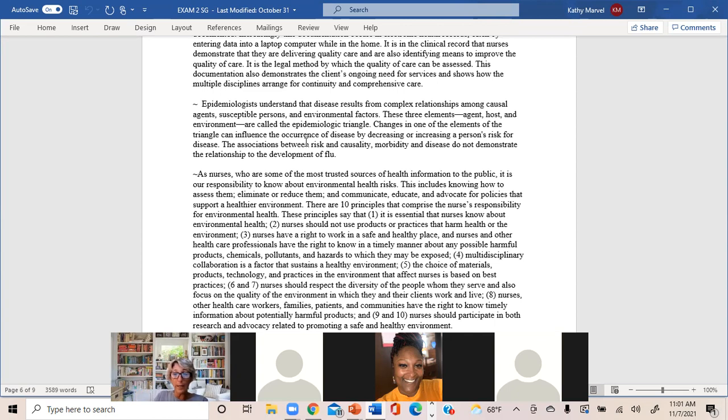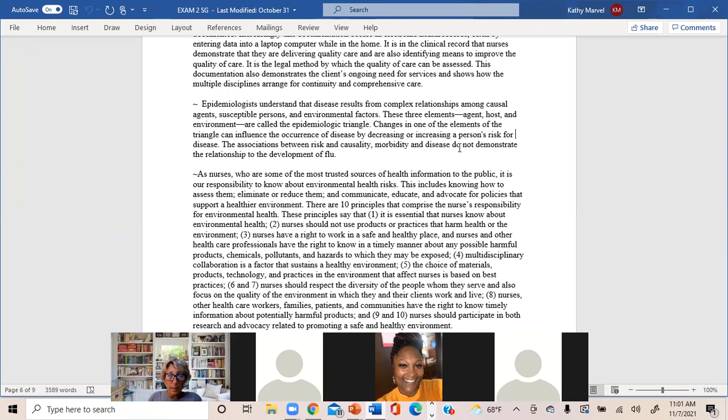If you're already a very impacted person and have a lot of comorbidities, and you get COVID, you're going to be more at risk for being sicker than the young, healthy athlete, right? Associations between risk and causality, morbidity and disease do not demonstrate the relationship to the development of the flu.